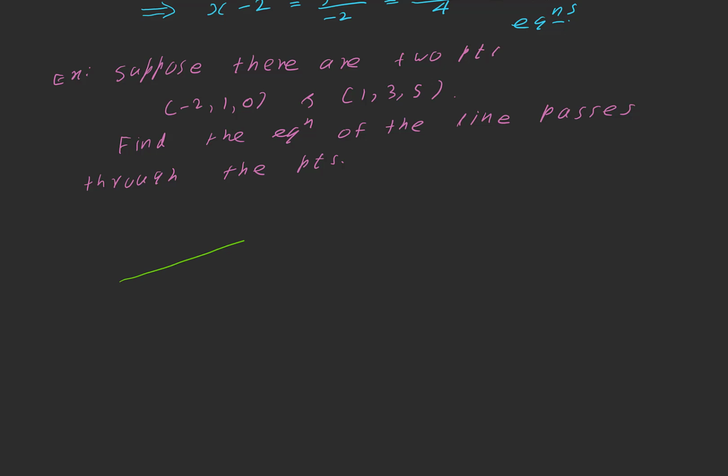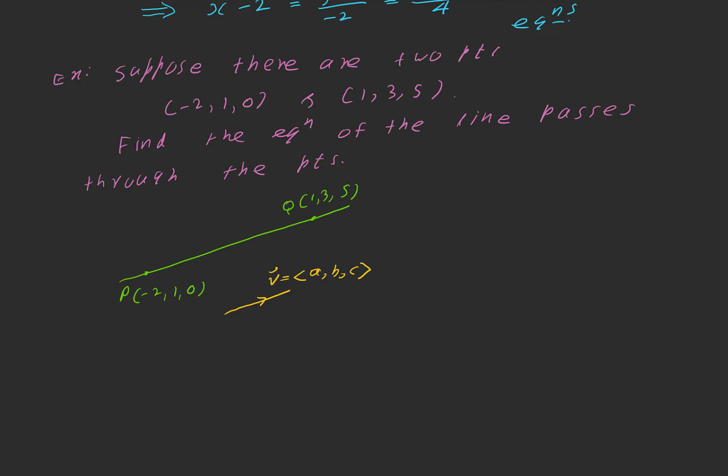If I draw the line, this is 3D. So I say this is P, -2, 1, 0. And this is Q, 1, 3, 5. What do we need? We need a vector parallel to this, which is called a direction vector. We need A, B, C and a point on the line.